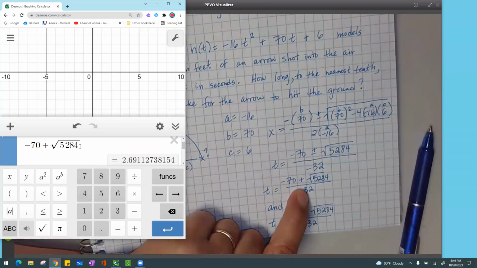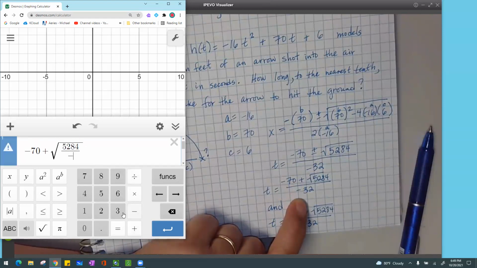So I know that I need to divide all of this by -32. But if I just type divide -32, this is not the problem I'm trying to solve. So be aware of what you're typing in. I need to go out of this radical, but if I do the division from here, it looks like this, that's not right either. That affects your result, your calculation. So be careful about what you're typing in.